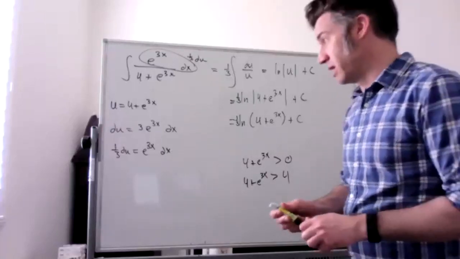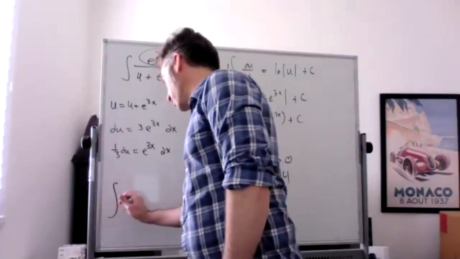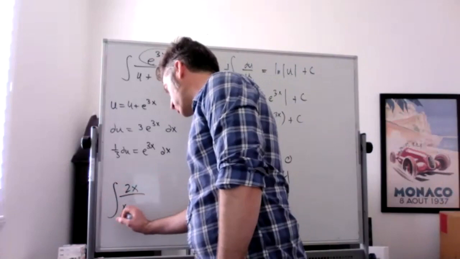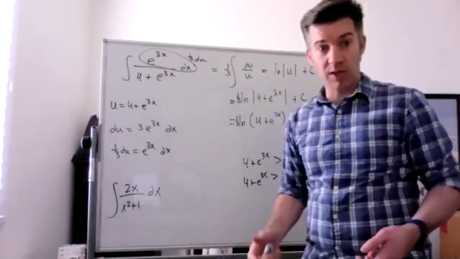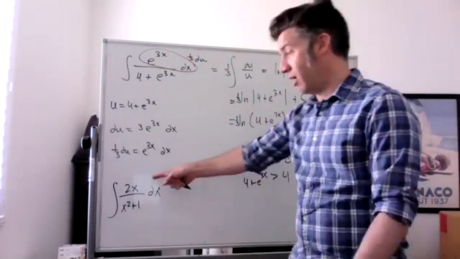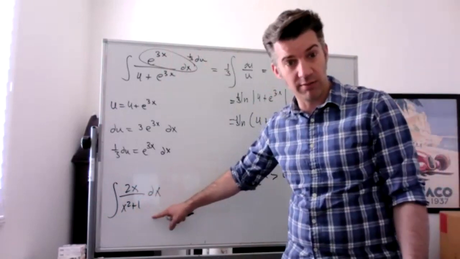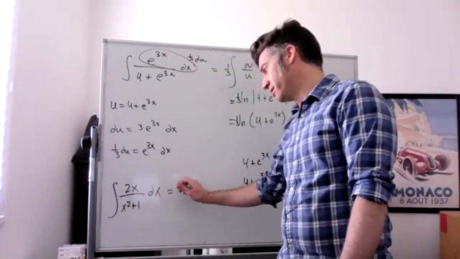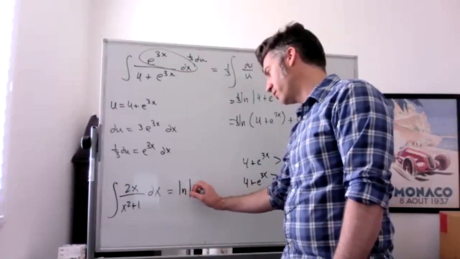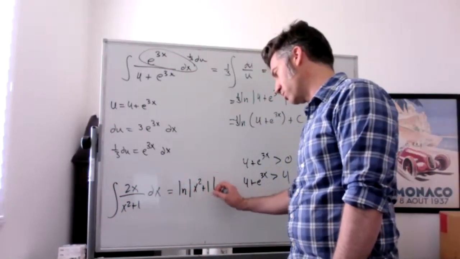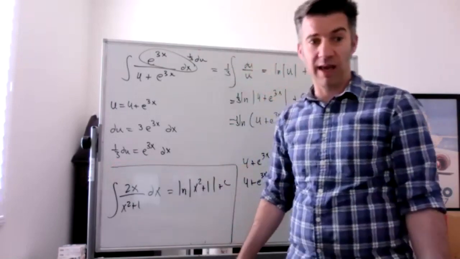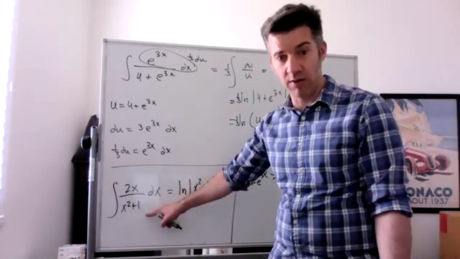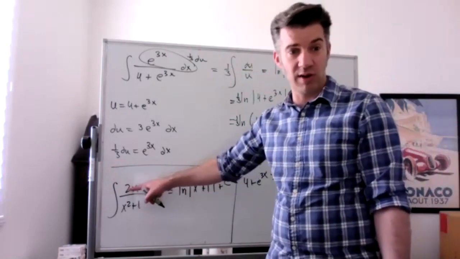A similar example is if you integrate 2x over x squared plus 1, for example. Here, I think we can all see that the top is exactly the derivative of the bottom. So we can see that that's going to be the natural log of the absolute value of x squared plus 1. I skipped doing the u substitution because I know that if I let u equal the denominator, my derivative is exactly going to be 2x dx.